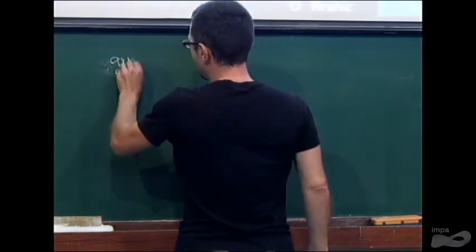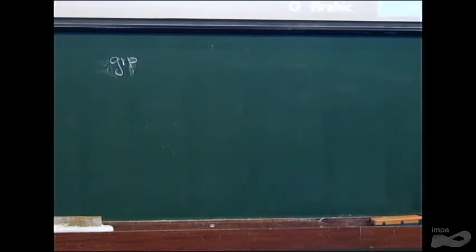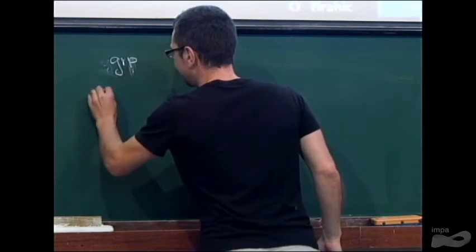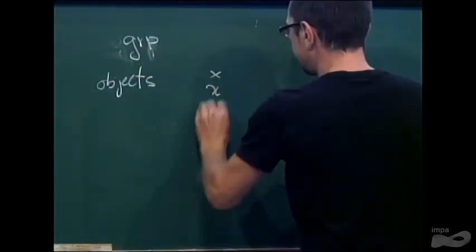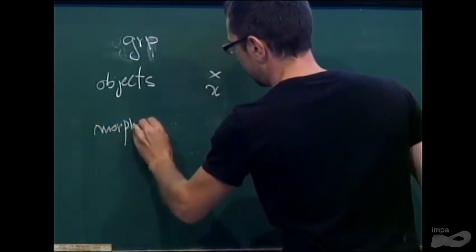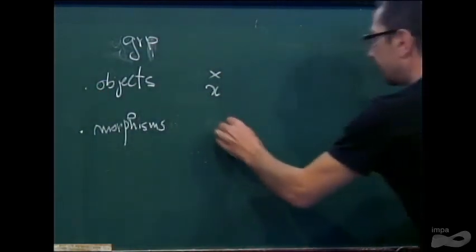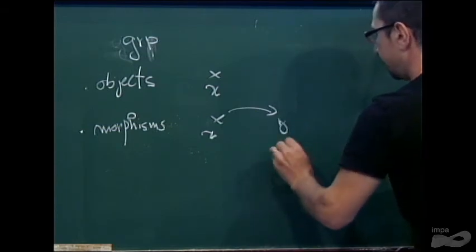I want to explain quickly what is a groupoid, the two-groupoid, the functor, the two-functor. So in a groupoid, basically you have two things. You have objects, say X, and then you have morphisms. You see them as arrows between objects.